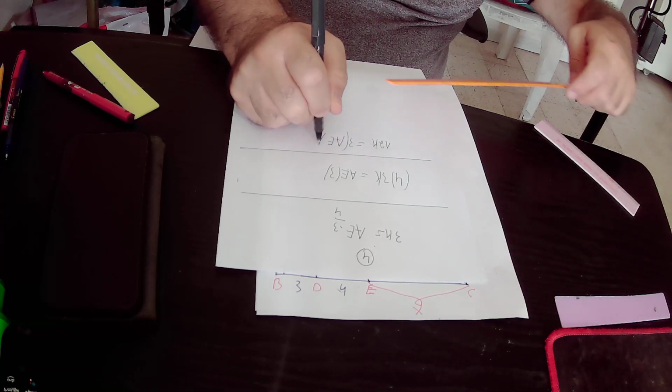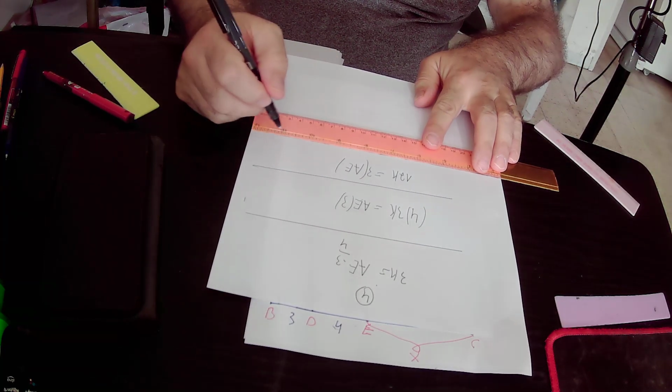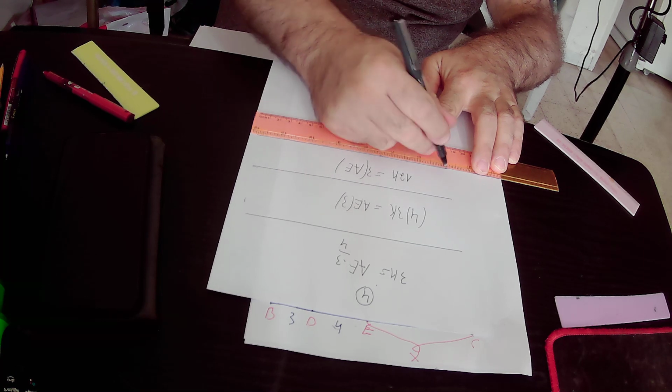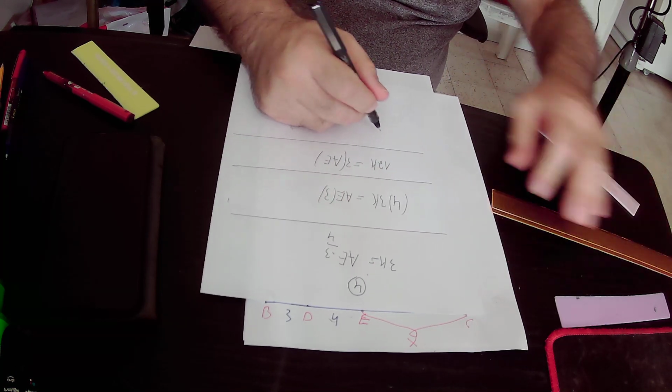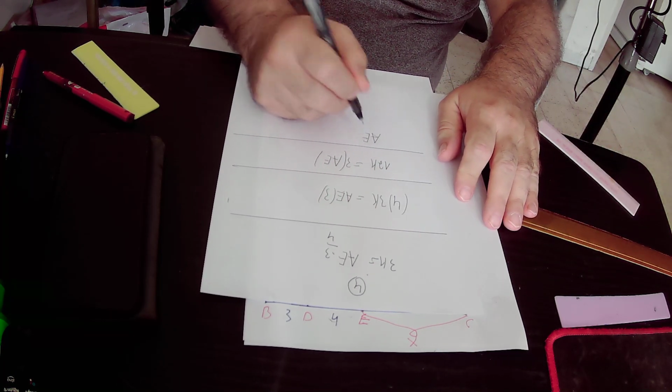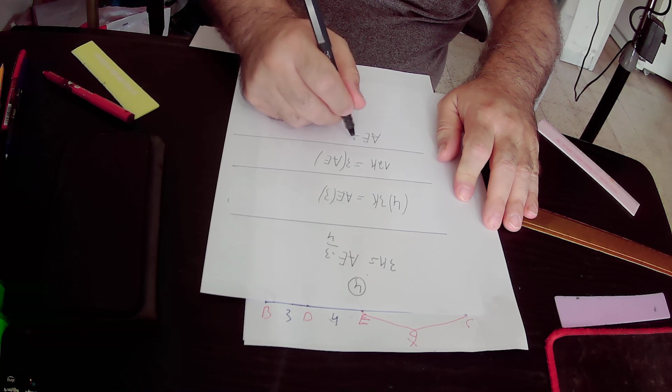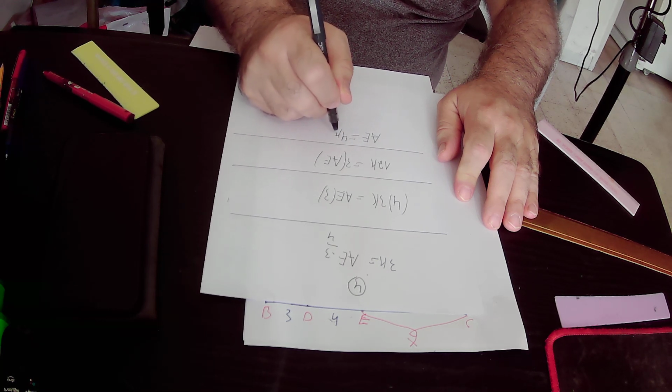Here we will divide this equality by 3 in order to get the value of AE. We will get that AE equals 12 over 3, which is 4. So AE equals 4K.